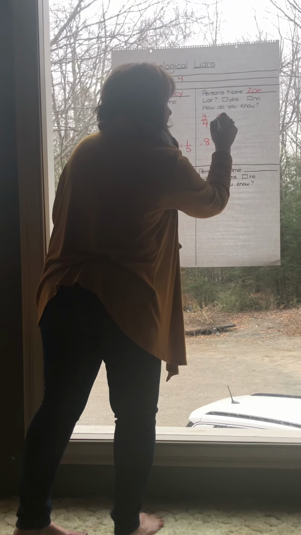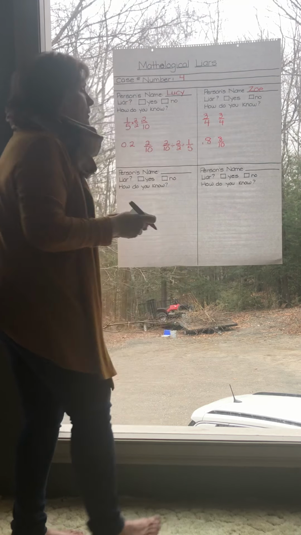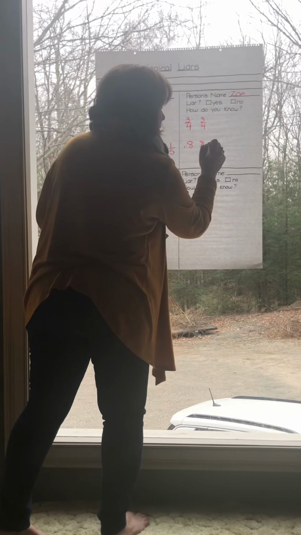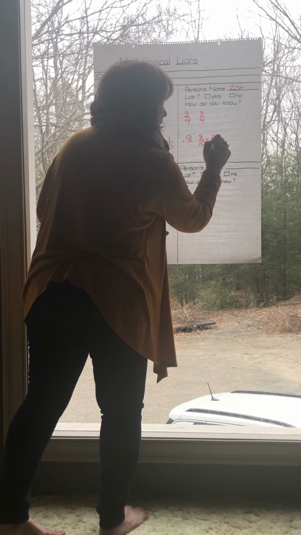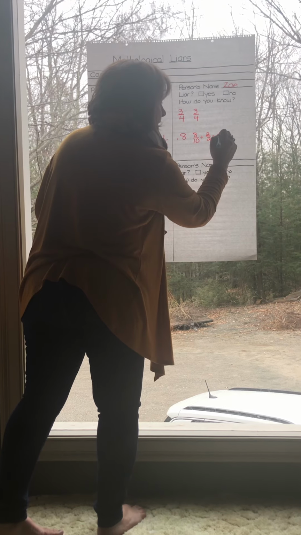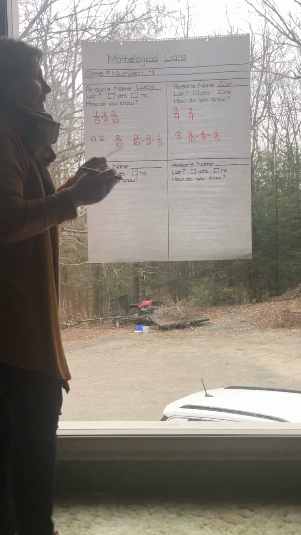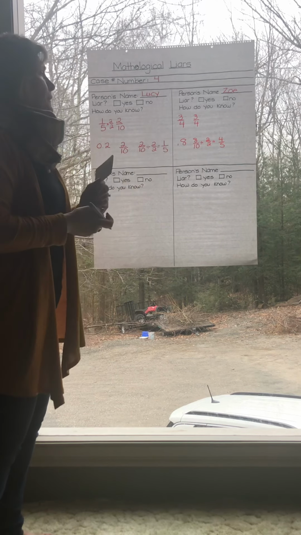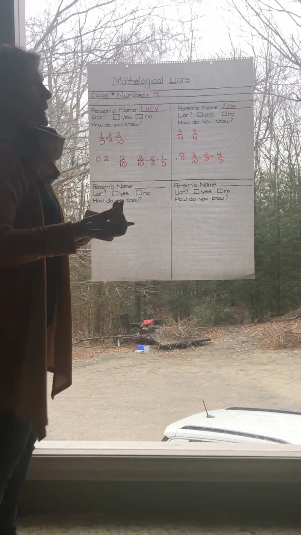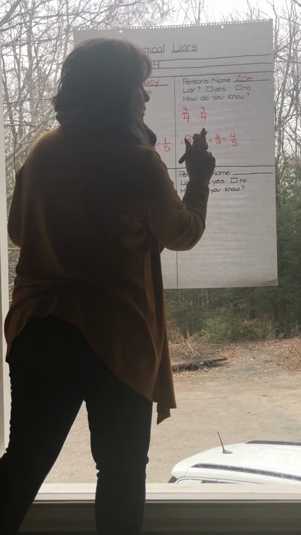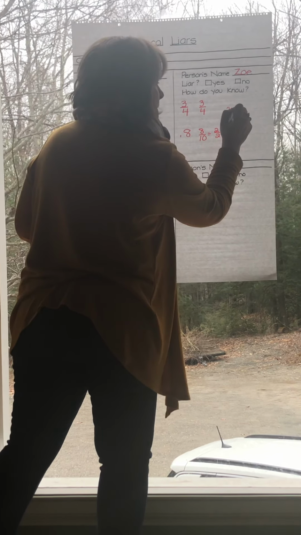Again, let's see. 8/10 and 3/4. Well, we can simplify 8/10 if we want to. We could divide by 2/2, and that would be 4/5. If you can't recognize if 4/5 is greater than 3/4, you can always find equivalent fractions, and their least common multiple would be 20.